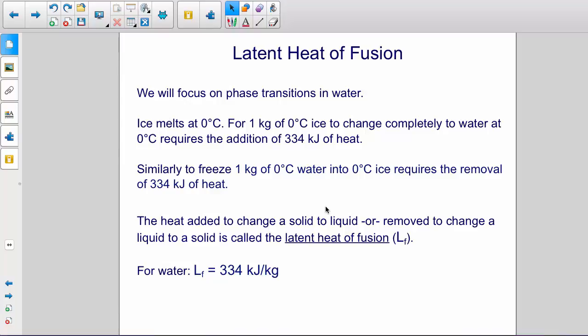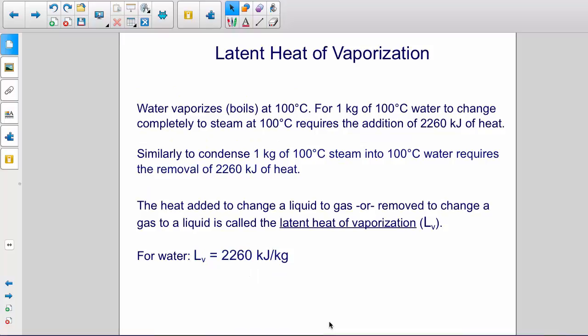The heat added to change a solid to a liquid, or removed to change a liquid to a solid, is called the latent heat of fusion, and we give it the symbol L with the subscript F. So for water, the latent heat of fusion, L sub F, is equal to 334 kilojoules per kilogram, or 334,000 joules per kilogram.